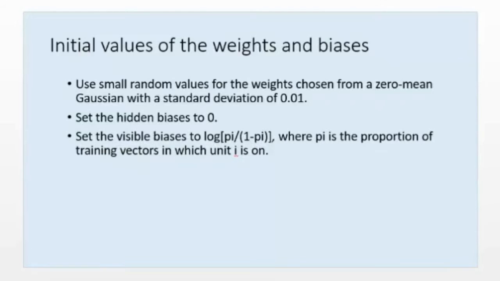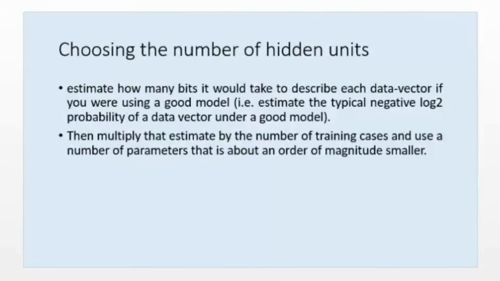Then the point is how to choose the number of hidden units. There are other methods for designing the number of hidden units, but here you first estimate how many bits it would take to describe each data vector.